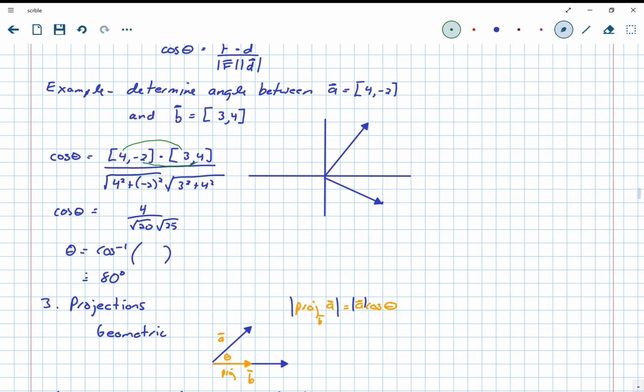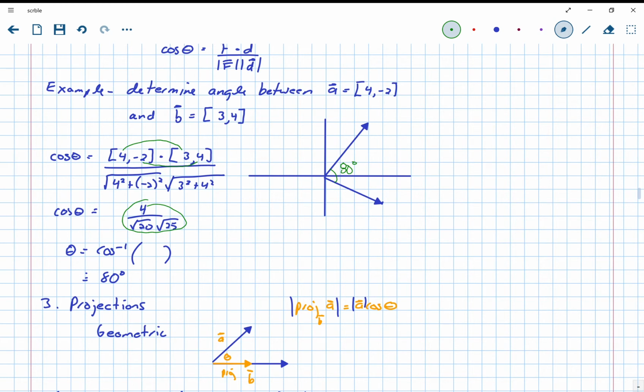The magnitude of a vector, by the Pythagorean theorem, is the square root of the x coordinate squared plus the y coordinate squared, and the same for vector B. So we get cos theta equal to this number, we do inverse cos, and the angle between the two vectors when they're tail to tail is 80 degrees.